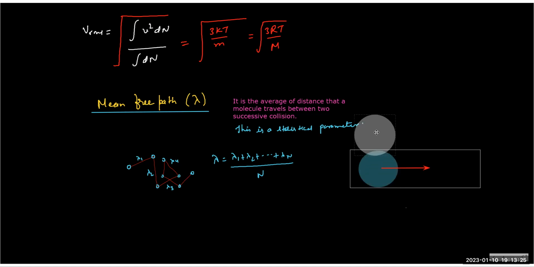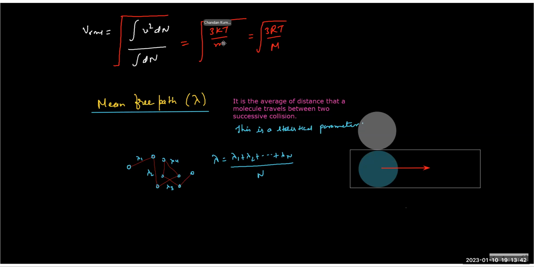And the same thing will happen here also. So basically, if I draw one molecule here, and one molecule here, and then draw a path something like this, just a moment.